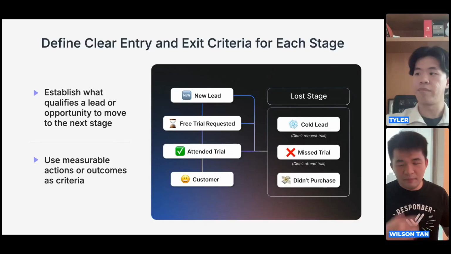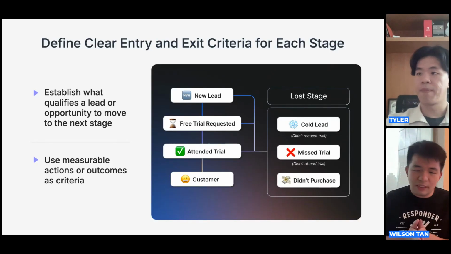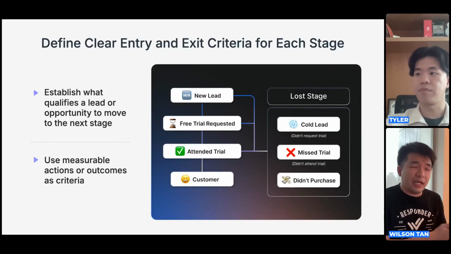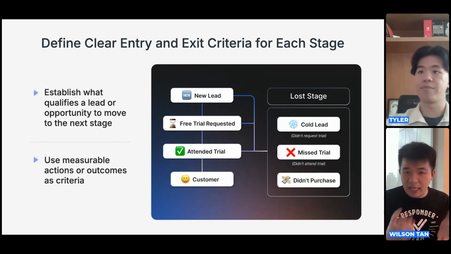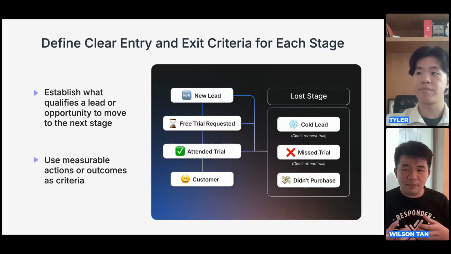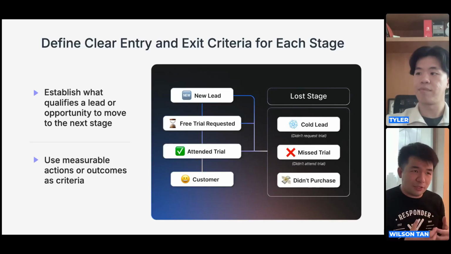Let me give you an example. Let's take the organization in the education sector, where the conversion goal is to attend a trial, and you see a lot of customers tend to drop off by not attending the trial. We can see that in the conversion goal. Let's say you have 1,000 customers who sign up for the trial, and only 100 of them attended the trial.